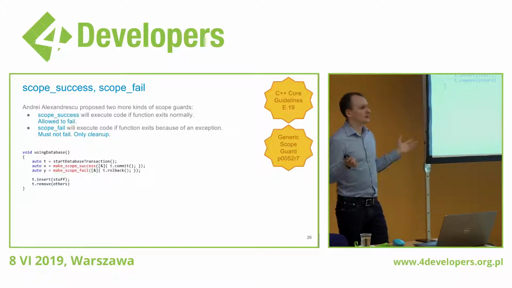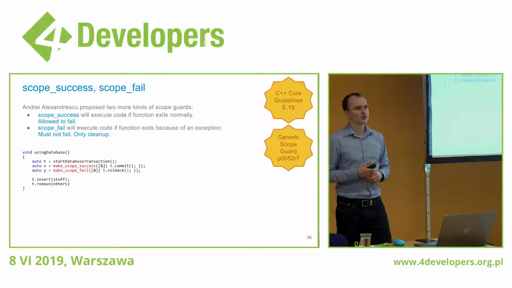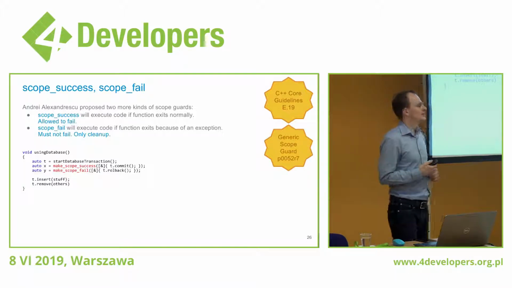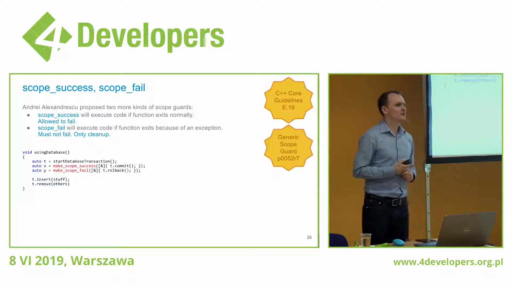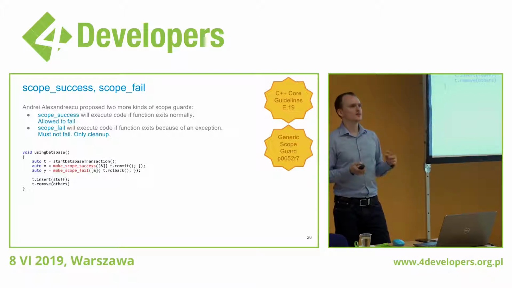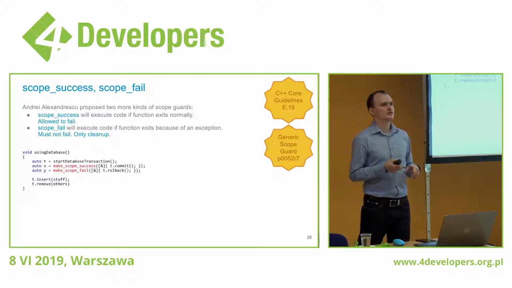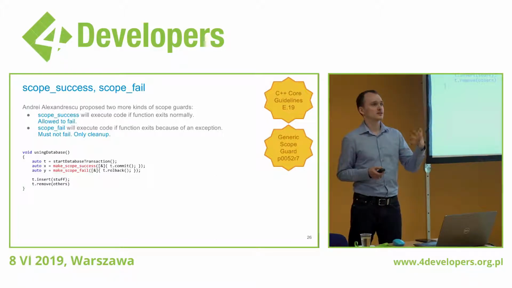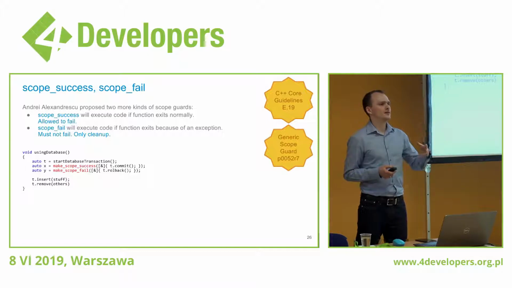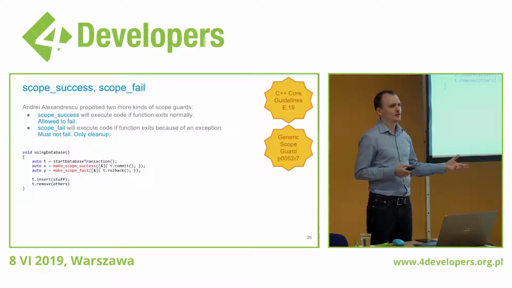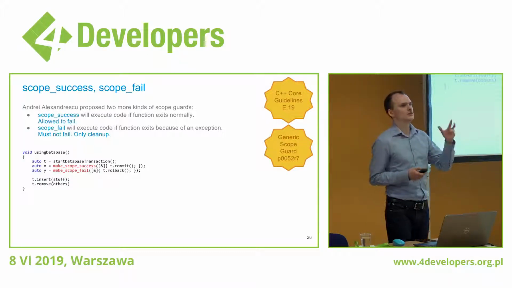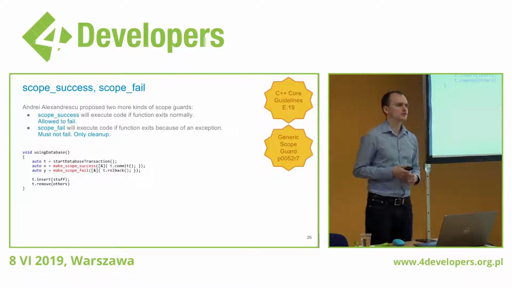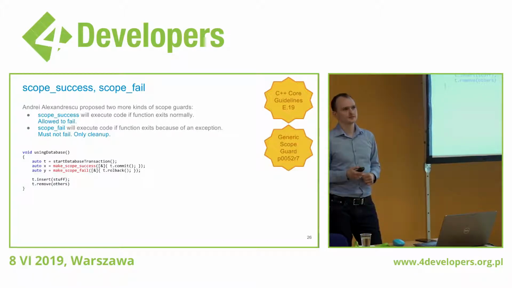So great, right? However, there is one little problem. As I said, the standard library assumes that no destructors throw. So if you attempted to put such a smart file in a standard vector, then you would violate the constraints of the standard library.